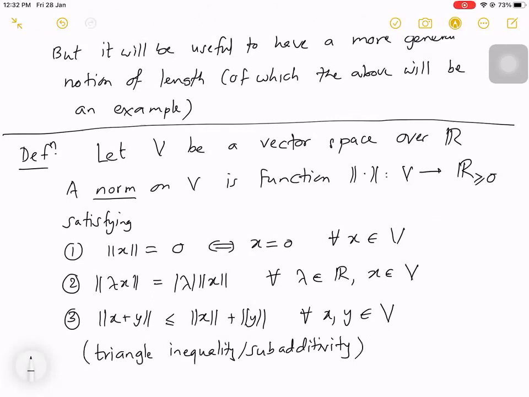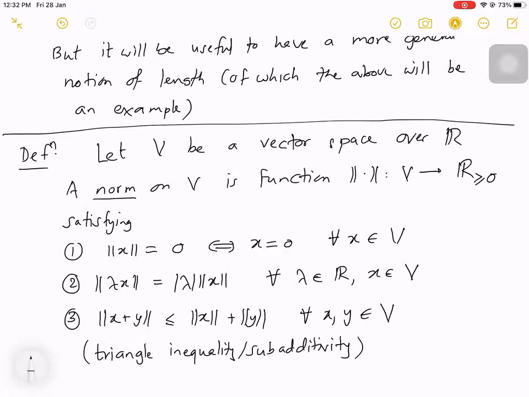Okay, so several things to say. I mean, first we should look for examples. But one thing I want to say is that just imagine if this was a vector space over complex numbers instead of real numbers.